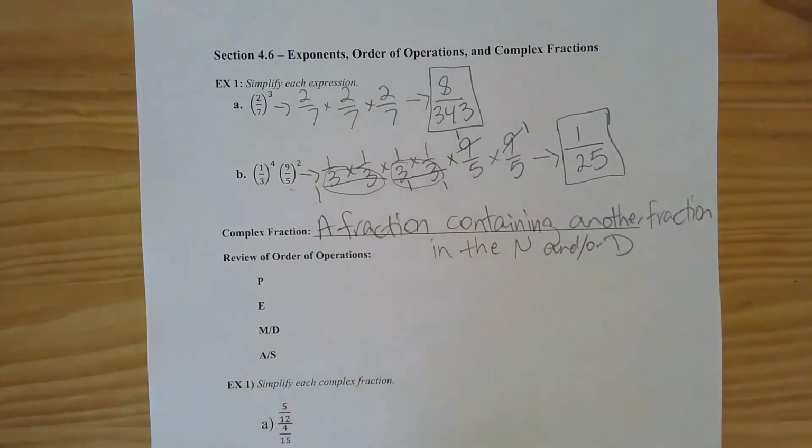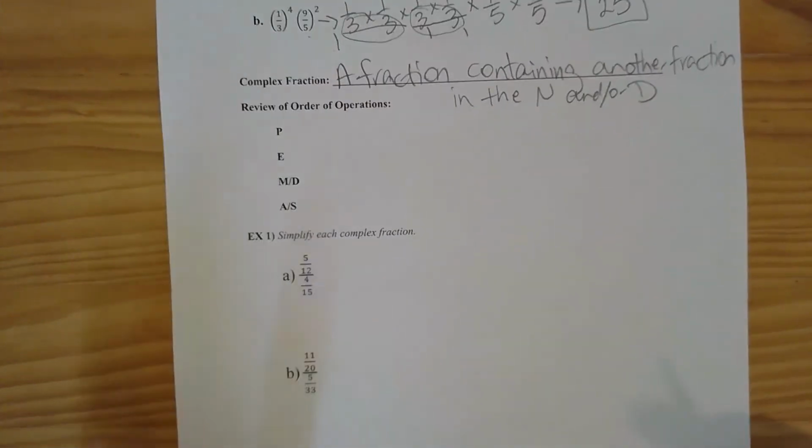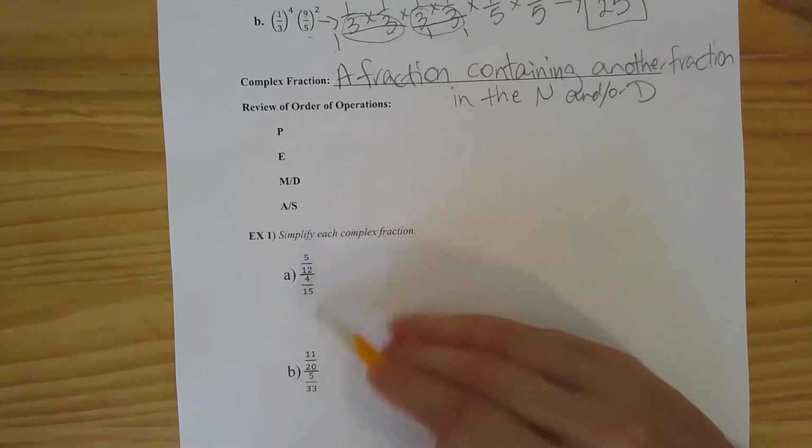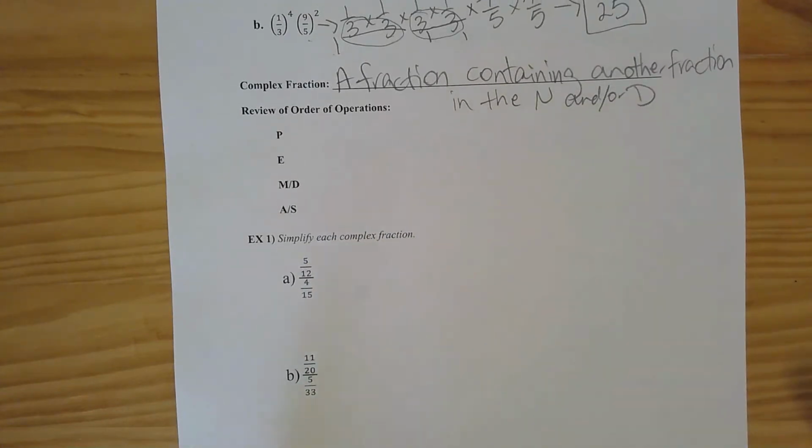Okay, and you can see a couple of these down below, example A and D. Like in part A, we have 5/12 in the numerator and 4/15 in the denominator. That's what these look like, okay?